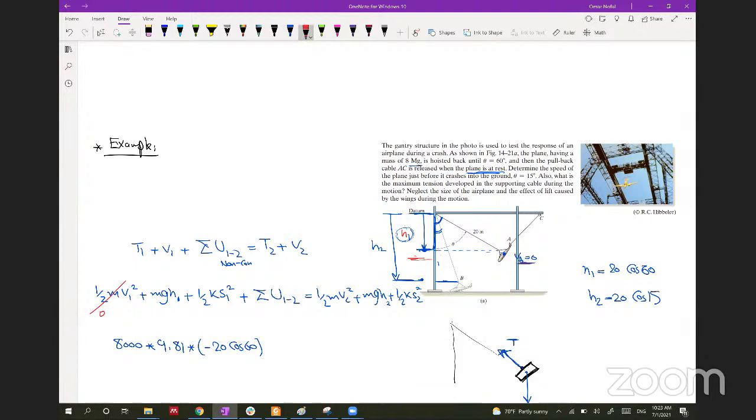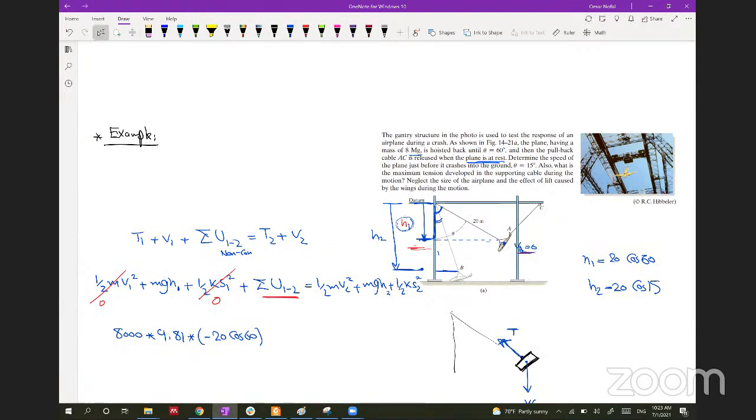For the spring, this problem doesn't have any spring. So how about the non-conservative forces? Do we have any non-conservative forces here, I mean non-conservative forces that exert work?